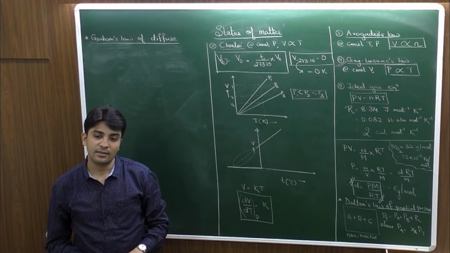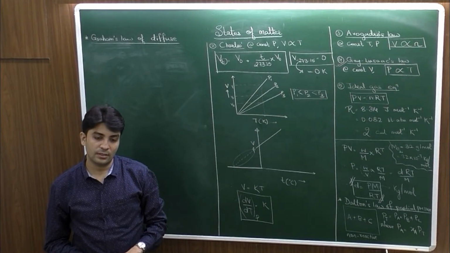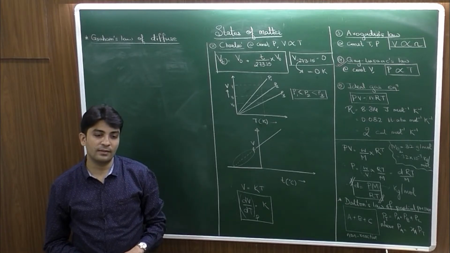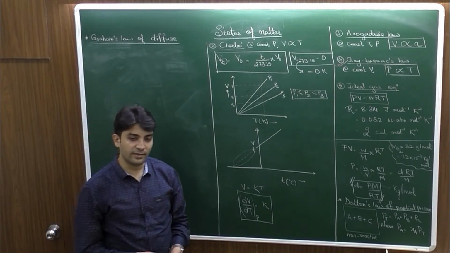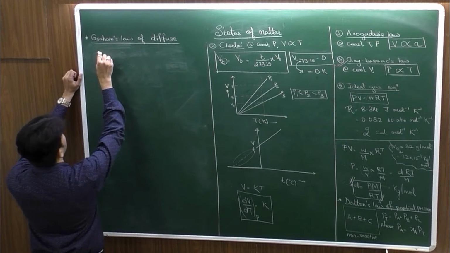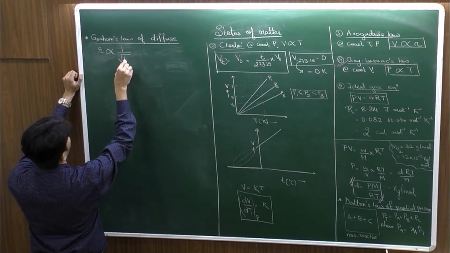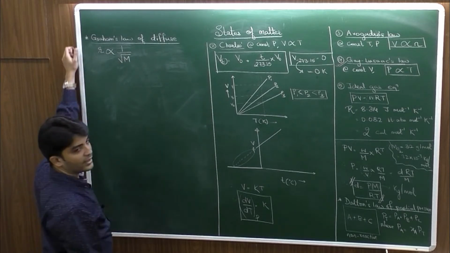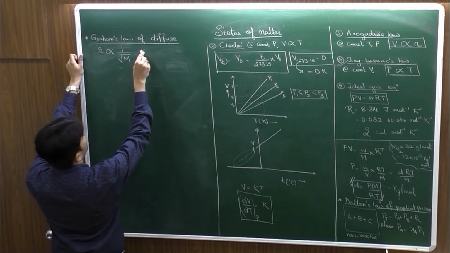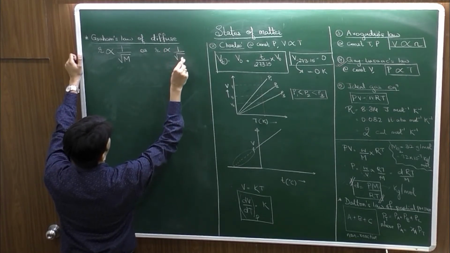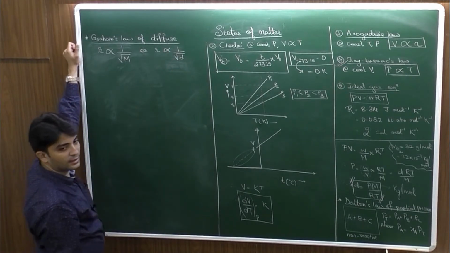The heavier the gas, the slower the diffusion, meaning the rate of diffusion is inverse to its molar mass, and that's what Graham's law is. The rate of diffusion is inversely proportional to the square root of the molar mass, or it can also be related to the density, that is, R is inversely proportional to the square root of the density.